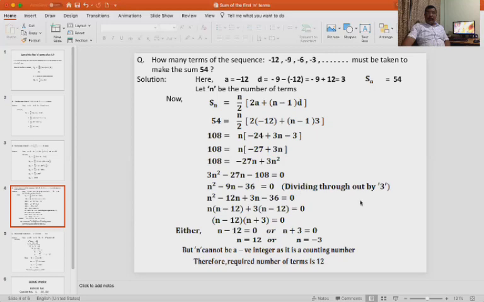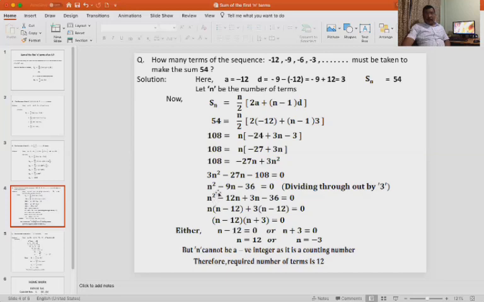So we divide throughout by 3. 3n squared divided by 3 leaves n squared, and 3 and 3 are cancelled. So we're left with n squared minus, 27 divided by 3 is 9, so 9n minus, 108 divided by 3 is 36, which is equal to 0.